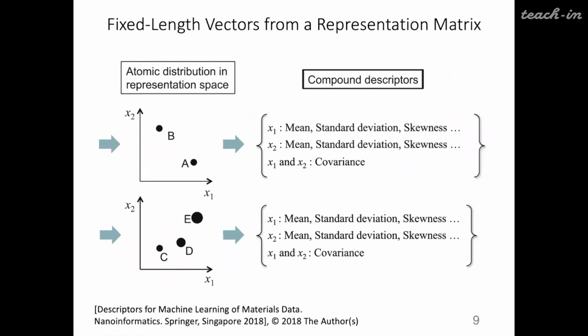So we can calculate mean values, standard deviations, skewness, and any needed statistical parameters averaged among atoms in a given unit cell. Then we can combine selected features and compare different crystal cells in such a way.